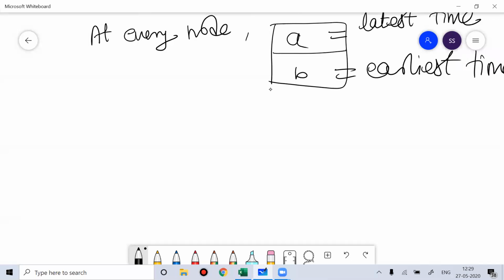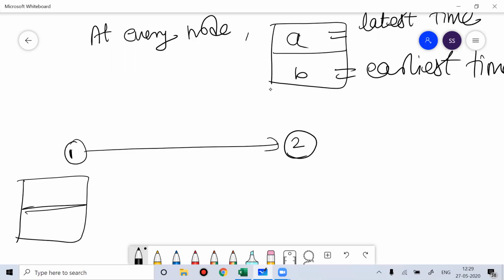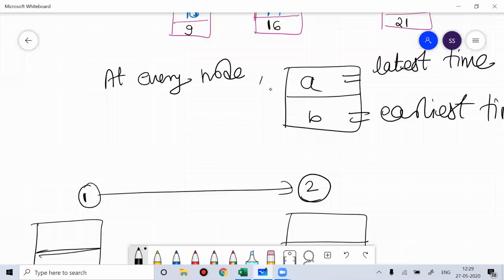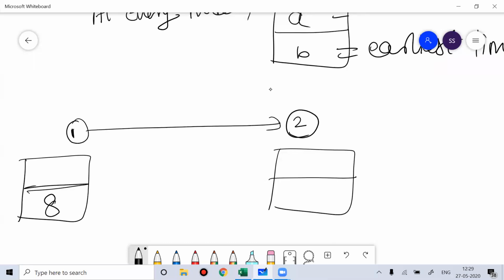Now if you go from one node to the other node, something like this, simply I'm writing, maybe this is 8, this is 9, this is 17, suppose this is 15, and maybe here this is the duration.